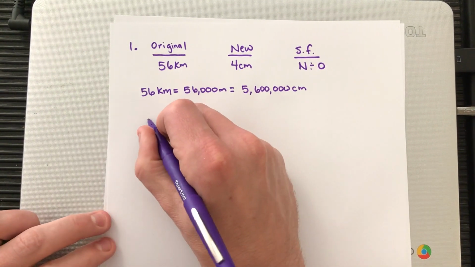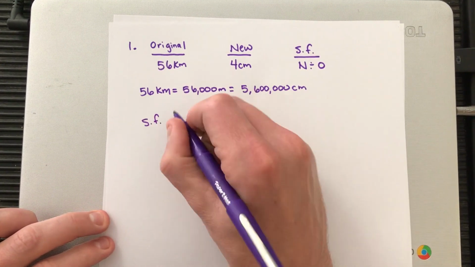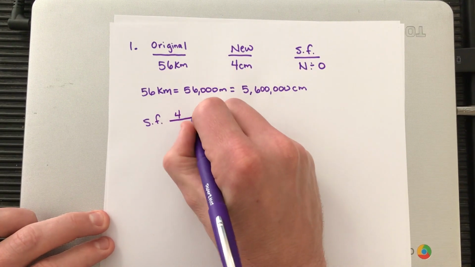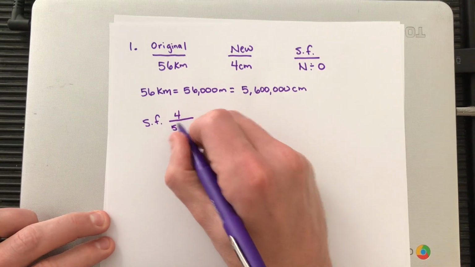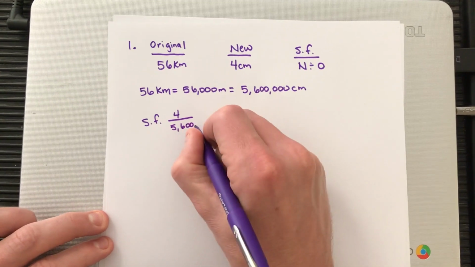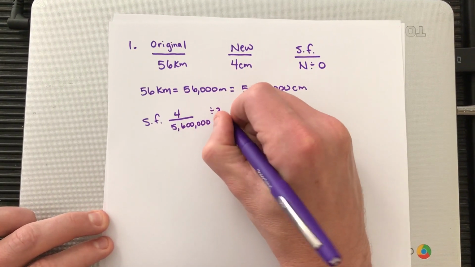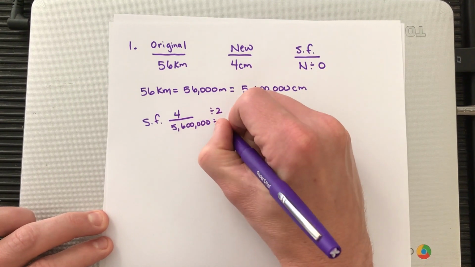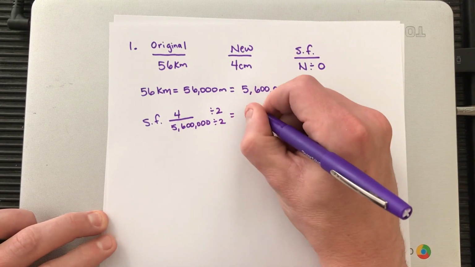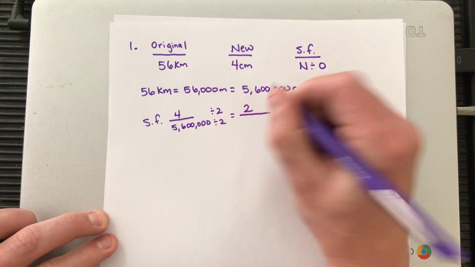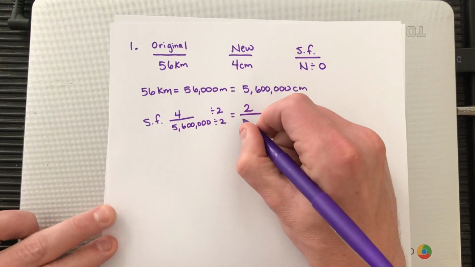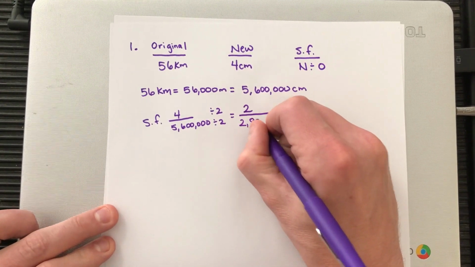So now I can do my new measurement divided by that original measurement and get this super tiny scale factor. So the scale factor is going to equal 4 divided by 5,600,000, and I'll just divide the top and the bottom of this fraction by 2, and so that gets me 2 over 56 divided by 2 is 28, so 2,800,000.